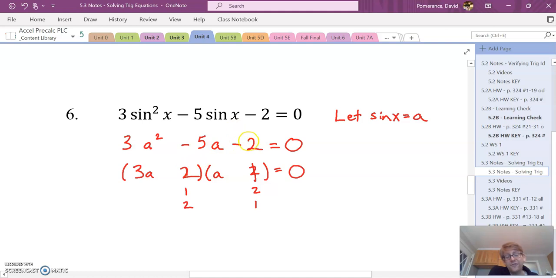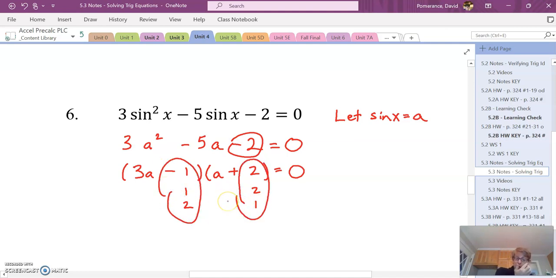Since we have to get a negative 2 here, we know that these have to be opposite signs, right? So if I put a minus here and a plus here, then that's going to give us a negative 2 when we multiply negative 1 times positive 2. So we know that these two numbers that we put here, whether it's a 1 and a 2 or a 2 and a 1, have to be opposite signs, which means when we distribute, we're going to get a positive, in this case 6a, and a negative, in this case 1a. 6a minus 1a is going to give us positive 5a.